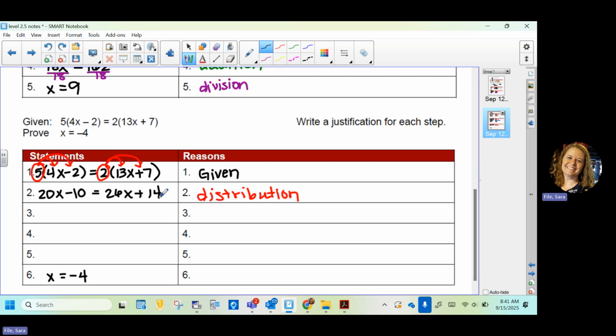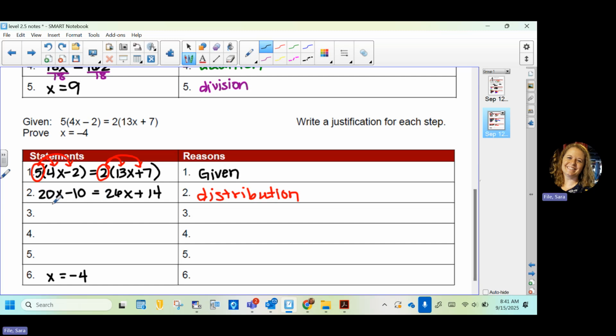Okay, so what do you want to do here? I like to keep my x's positive if I can. If I subtracted the 26x over here, I would end up with a negative, wouldn't I? So I usually move my smaller x.